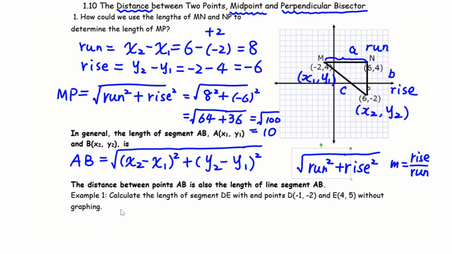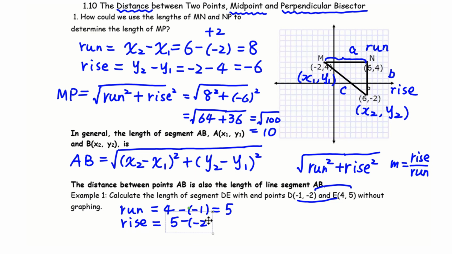So we are going to do this question. The run is from -1 to 4. It will be 4 take away -1. It gives you 5. And the rise is from -2 to 5.